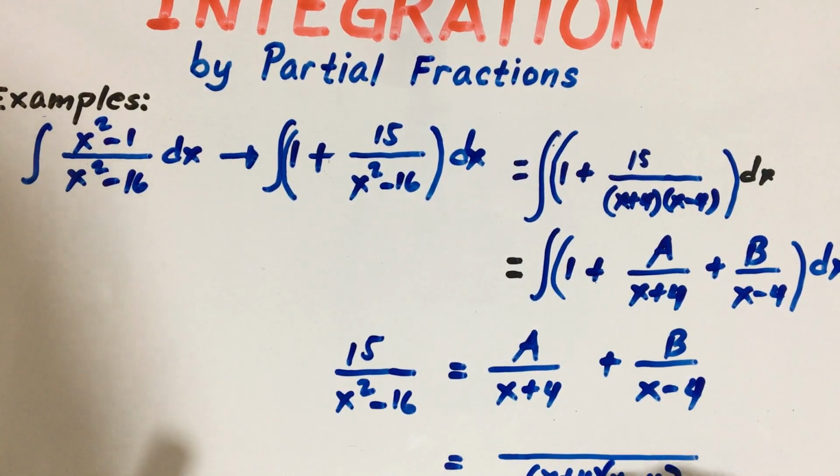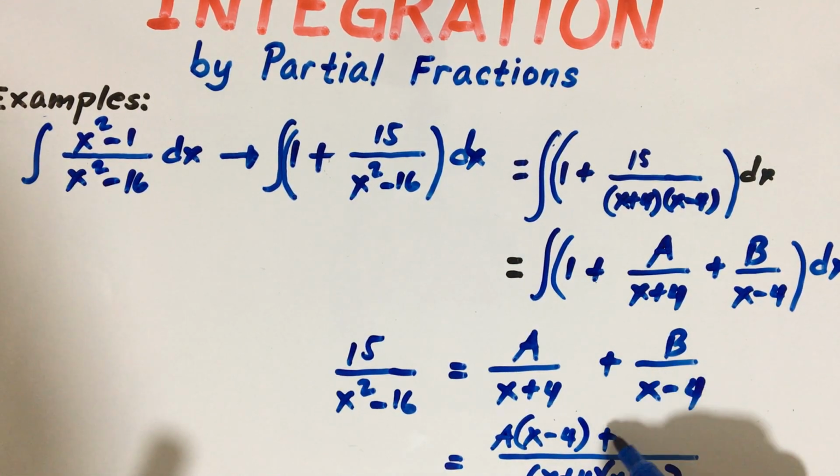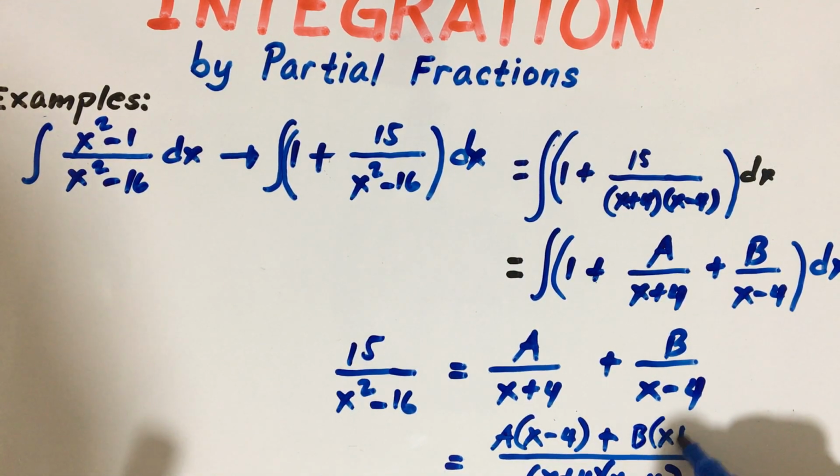Then LCD divided by this, what is left is x minus 4, multiplied by a, so we have a times x minus 4, then plus. The LCD divided by this denominator leaves x plus 4, multiplied by b, so we have b times x plus 4.